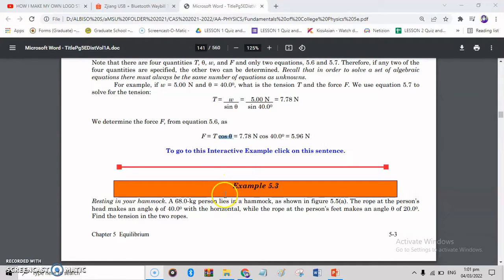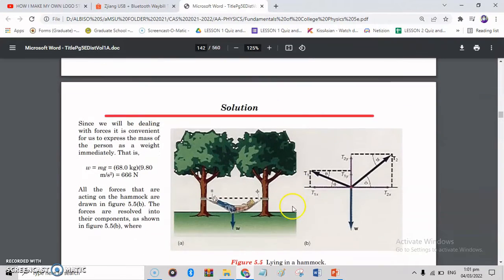Example 5.3, resting in your hammock. A 68-kilogram person lies in a hammock as shown in this figure.